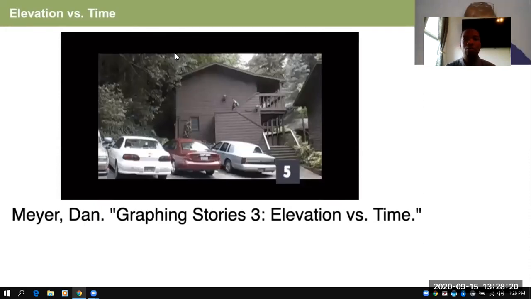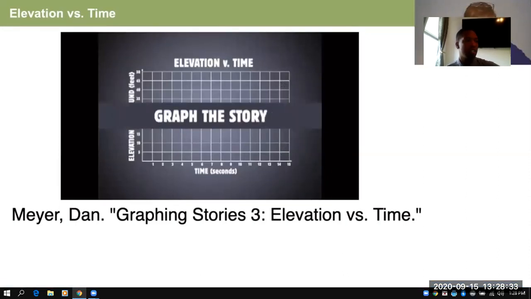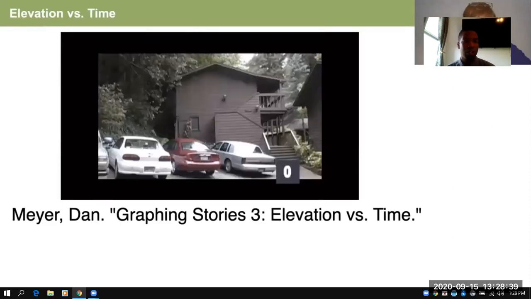So right here in the bottom right corner, we see that guy. We see the time, but with the picture, we see that he's going down the staircase. So notice that the man is walking across his patio.